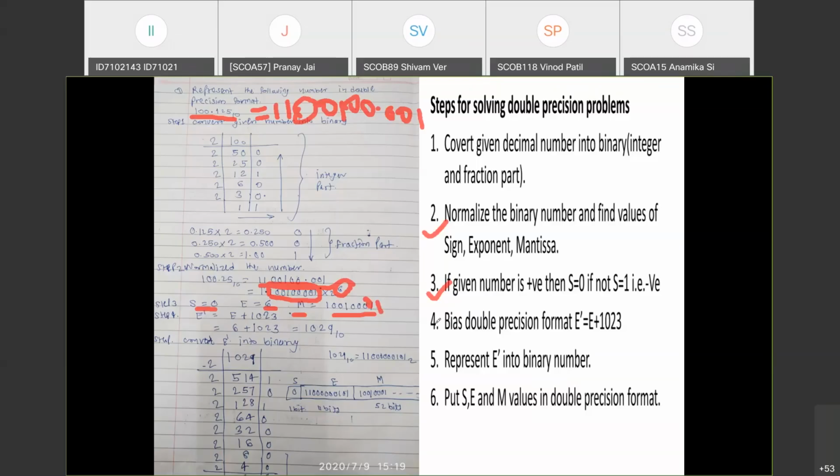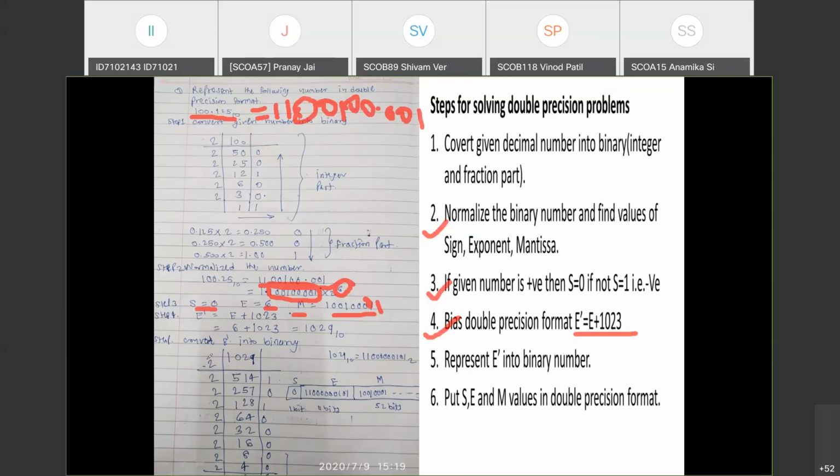After this, we go to the next step, the bias in double precision format. For that, the formula is E dash is equal to E plus 1023.